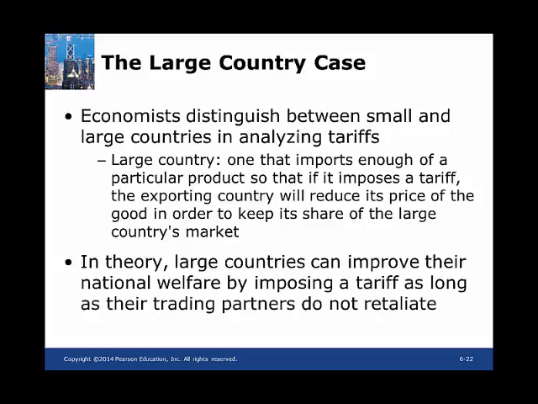In theory, large countries can improve their national welfare by imposing a tariff as long as their trading partners do not retaliate.